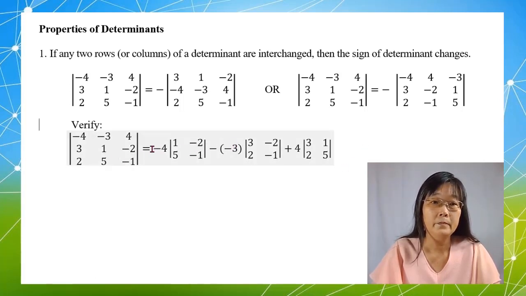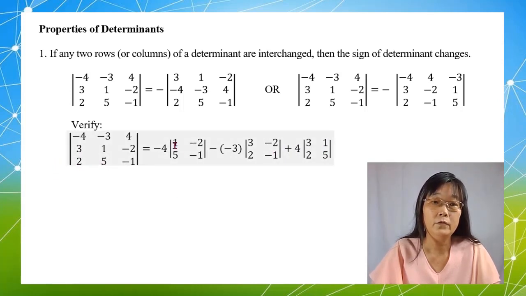By using the method that we have learned, we multiply the first value in the first row, -4, with the 2x2 determinant 1, -2, 5, -1, minus the second value, multiplied with the 2x2 determinant 3, -2, 2, -1, plus the third number, multiplied with the 2x2 determinant 3, 1, 2, 5.